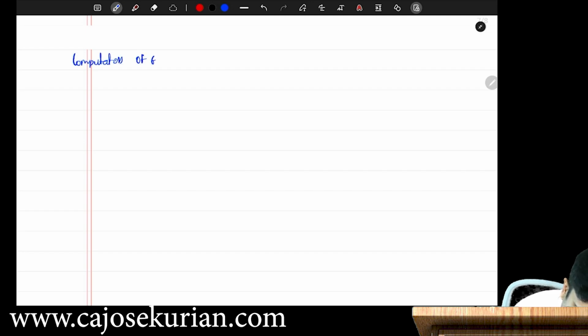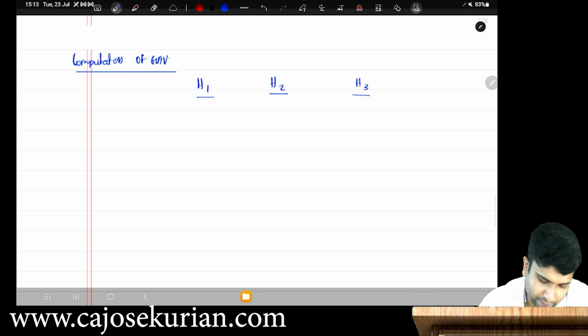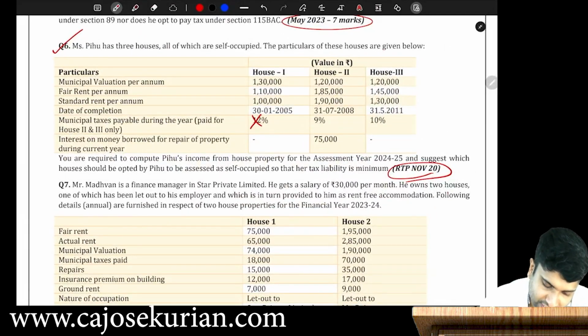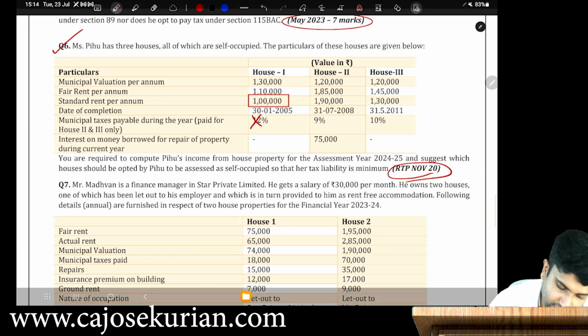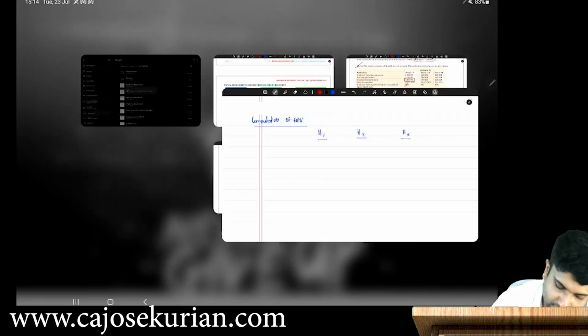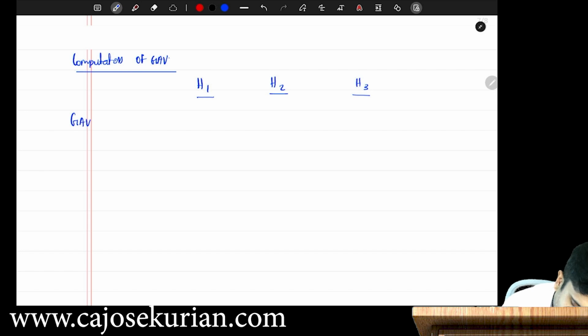So what we are doing is computation of GAV. We'll take house 1, house 2, house 3. In house 1, municipal value is there, fair rent is there. Whichever is higher, that means municipal value. Compare it with the standard rent and whichever is lower. So 1 lakh will be the gross annual value if it is a deemed let out property. Yes or no? So GAV for house 1 will be 1 lakh.